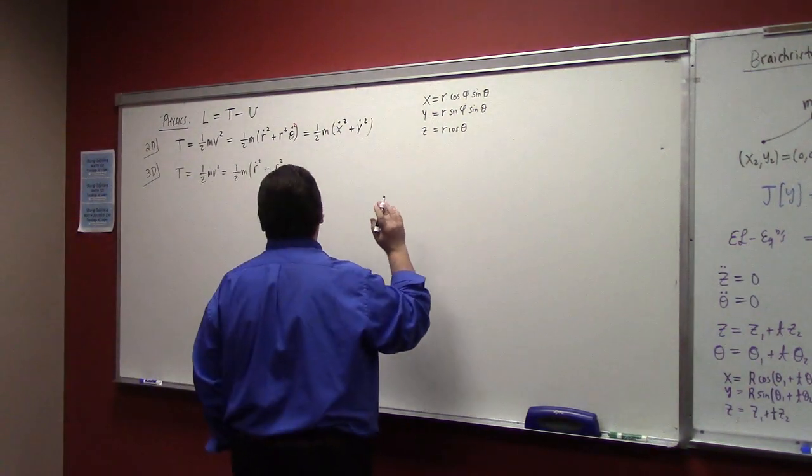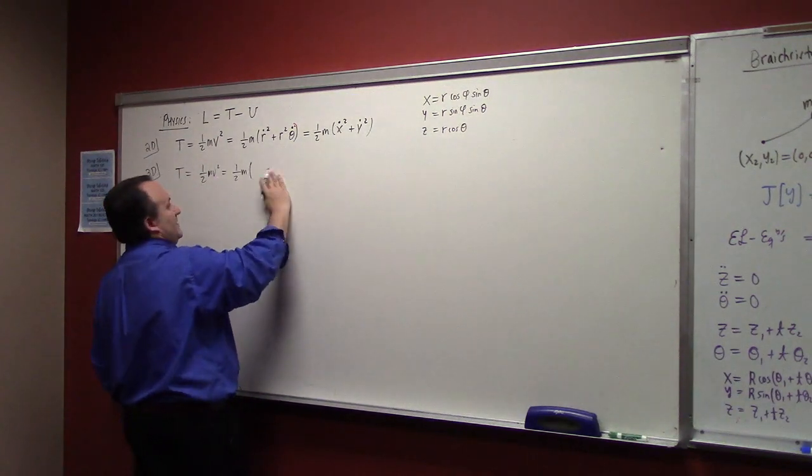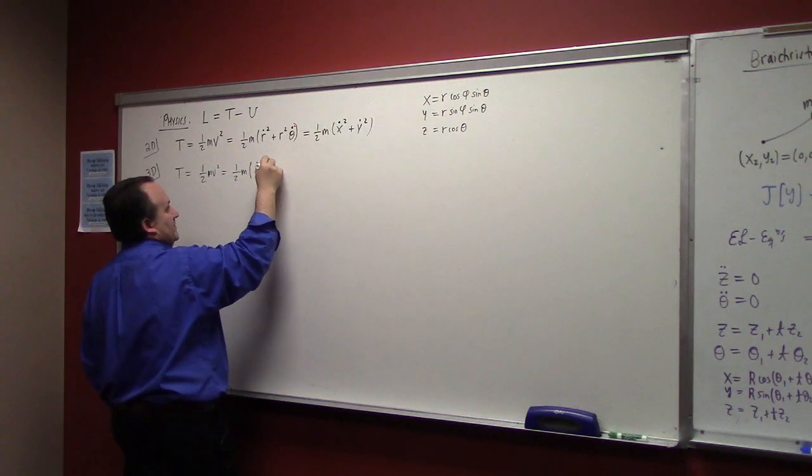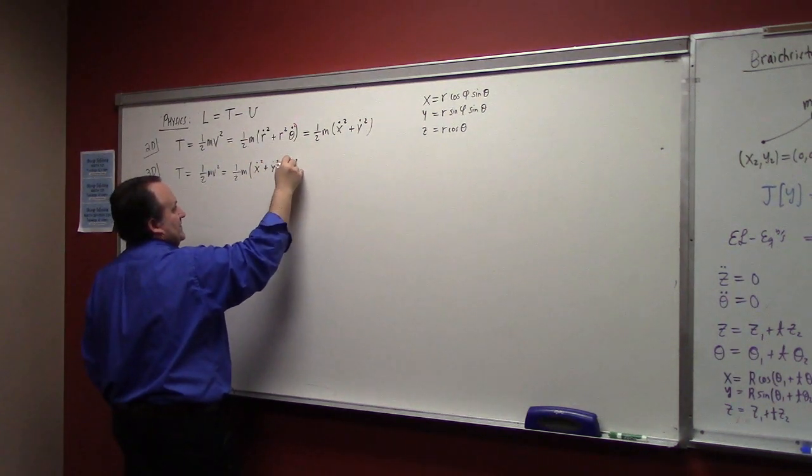When you calculate x dot squared plus, first of all, of course, you can write the speed squared as x dot squared plus y dot squared plus z dot squared.